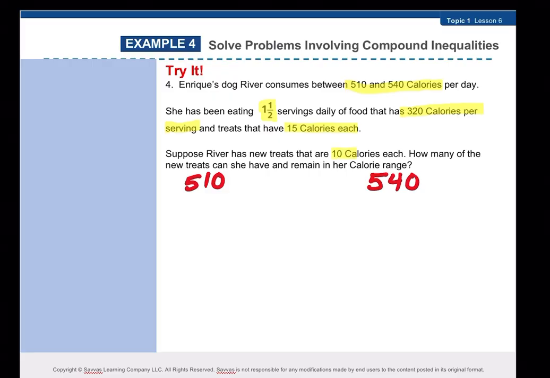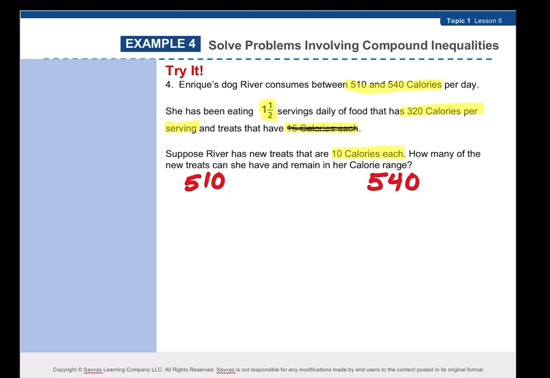Now the treats are 10 calories each. How many of the new treats can she have to remain in her calorie range? So I am assuming this 15 calorie treat is just not even relevant anymore, even though we didn't even use it, because now it's saying that she's eating new treats.